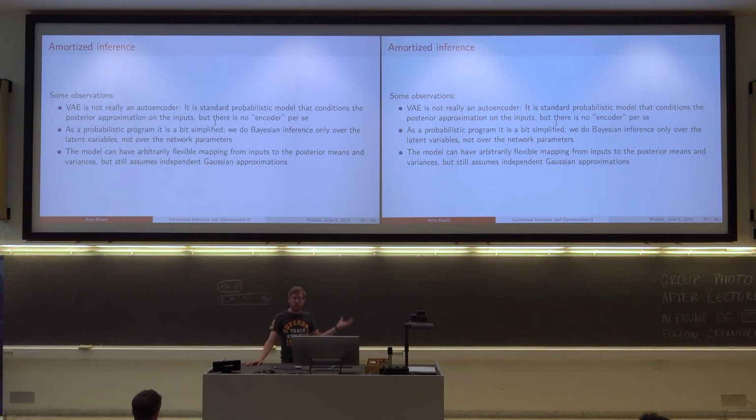As a probabilistic model, it's reasonable. It's a nonlinear extension of PCA, essentially. We don't do Bayesian inference over any of the parameters of these networks. They are just some arbitrary functions. But we do variational inference over the latent variables of this model.